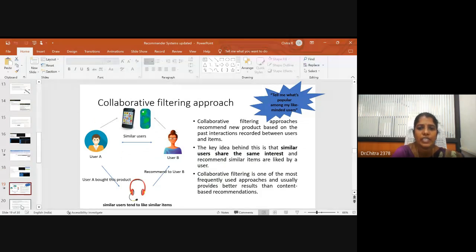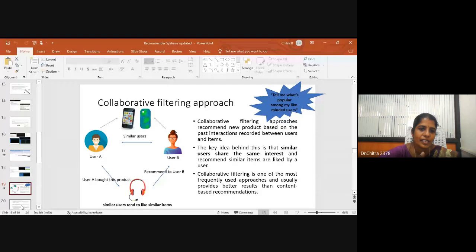Then the collaborative filtering approach. In this approach, consider A and B are similar users. Suppose A is interested in mobile phones and user B is also interested in mobile phones. If user A bought a headphone, that is recommended to user B also. Suppose consider A and B like chicken.